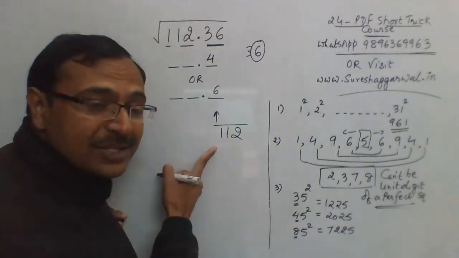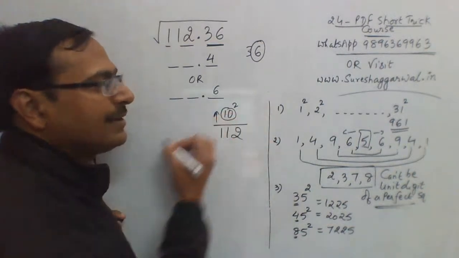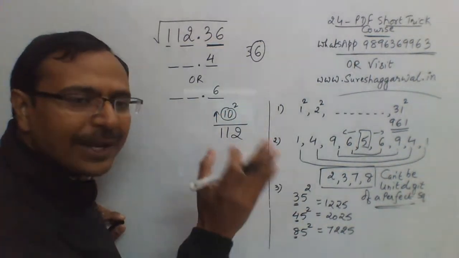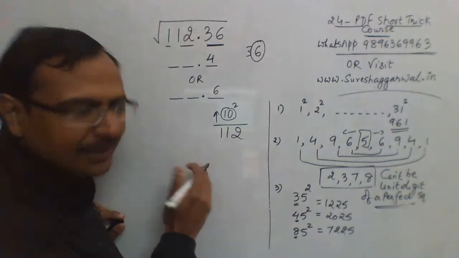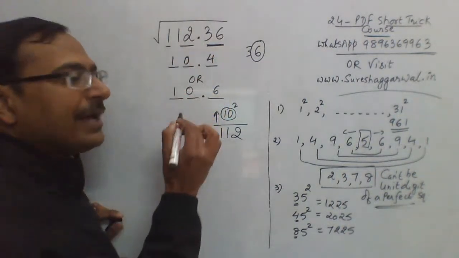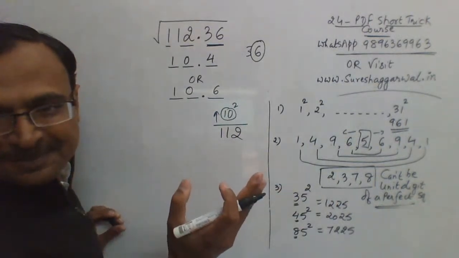So below 112, 10 square is the closest one. 10 square is 100. 11 square is going to take me above 112. I don't want to go there. So 10 is the number which I require here. So either my answer is 10.4 or my answer is 10.6.